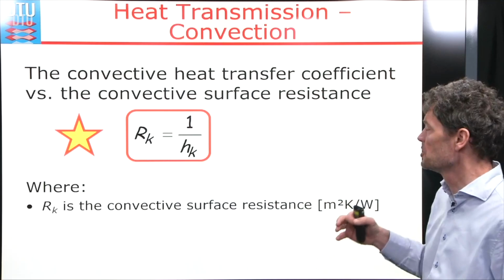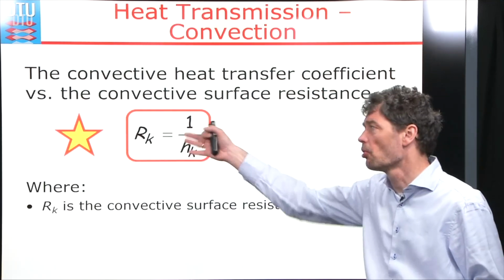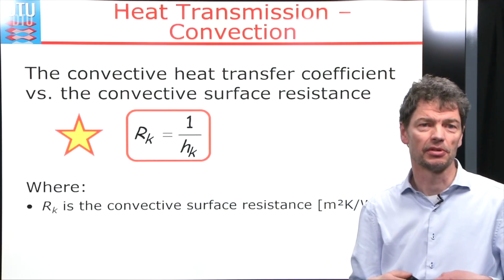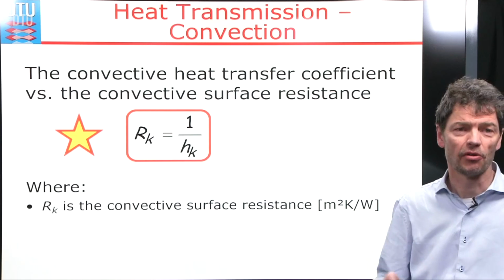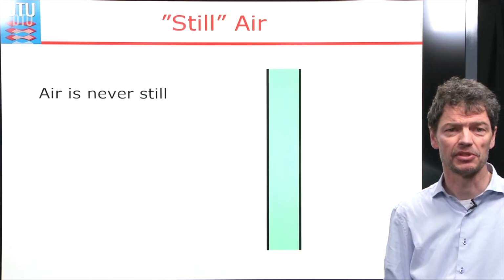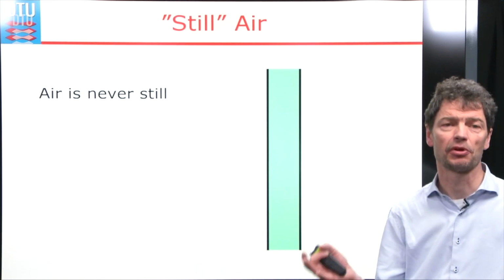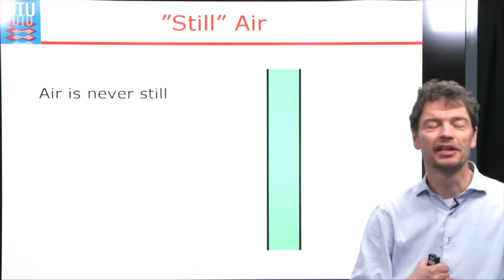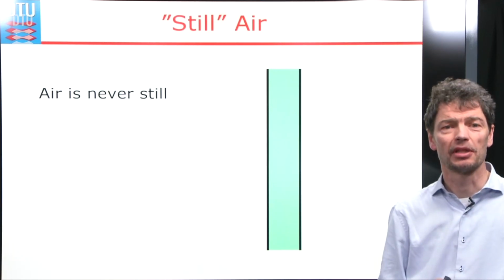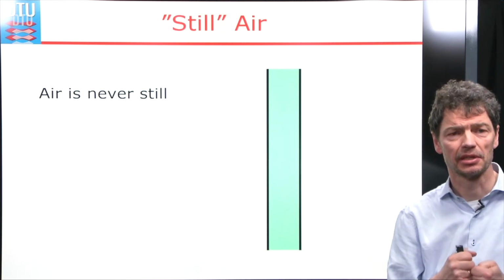So for heat transmission by convection, we can also use the heat transmission coefficient, or 1 over that, which is the surface heat transfer resistance, in the same place. So at a surface, we have the transmission that takes place there. What would be much simpler, because this is for a fluid, which could be air, it could also be a liquid, is if we could regard those as standing still, as if they were materials.